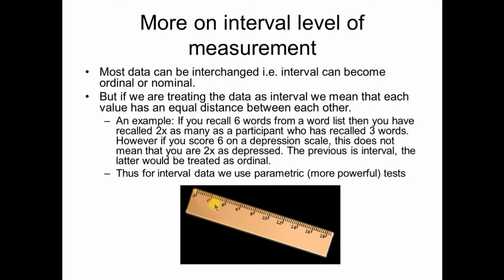The distance between 0 and 2 centimeters is the same fixed interval as the distance between 2 and 4, 4 and 6, and so forth. So in this case, a ruler is a safe measure. Some examples of other safe measures would be heart rate, voltage. These are all pretty safe measurements.